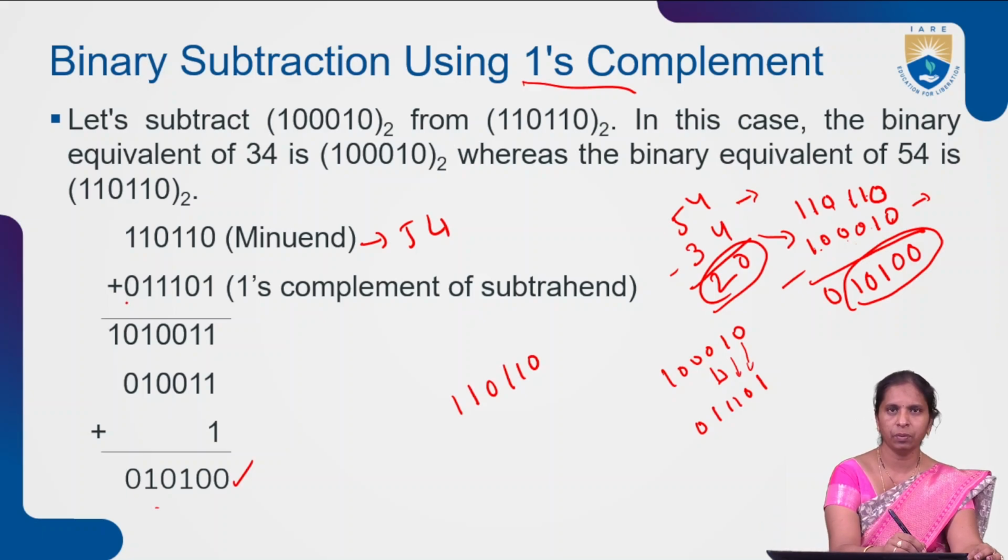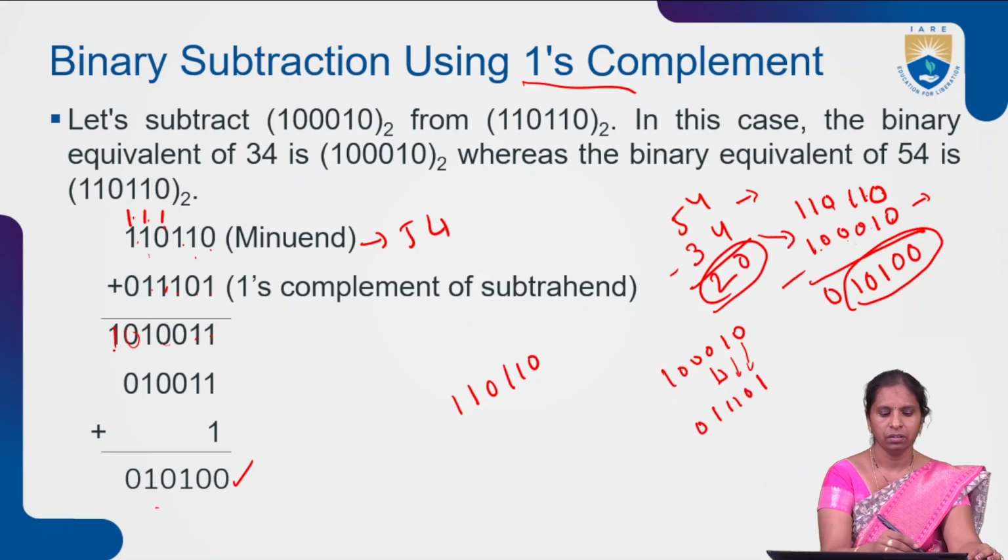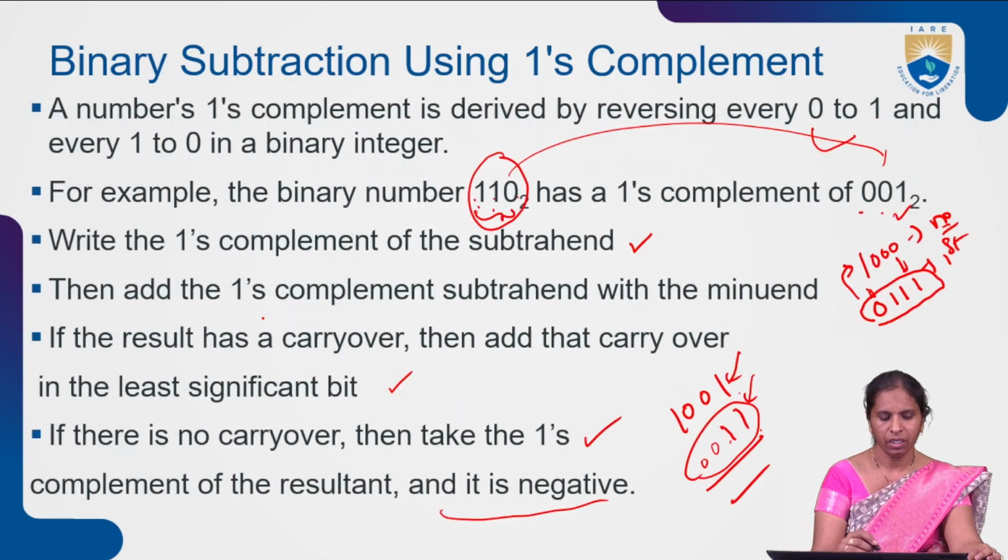So after writing the 1's complement of the subtrahend, add this to the minuend. Then 0 plus 1 equals 1, and 1 plus 0 equals 1, and 1 plus 1 equals 0 and the carry is 1. Then 1 plus 1 equals 0 and the carry is 1. So 1 plus 1 is nothing but 10, and 10 plus 1 is 11. Therefore the carry is 1, and 1 plus 1 equals 0 and the carry is 1. Now, if the result has a carryover, then add that carryover to the least significant bit.